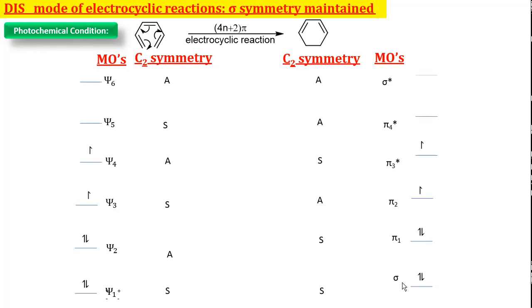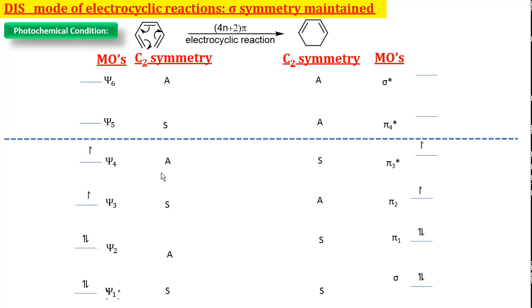Okay friends, here these are low energy molecular orbitals, and these are high energy molecular orbitals. Correlate symmetry to symmetry and asymmetry to asymmetry. What is happening here?